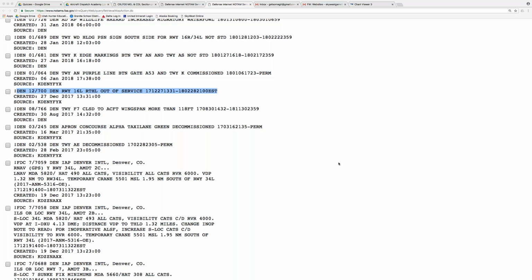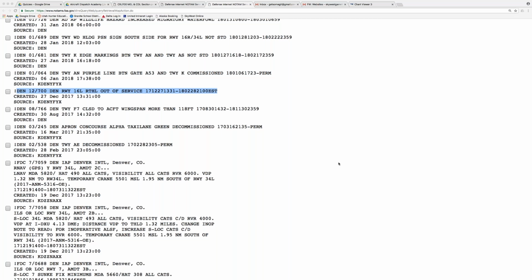So if I saw something like that estimated, and I was dispatching a flight and say our ETA was at 2200 Zulu, I would probably put a little extra hold fuel on there, just in case.